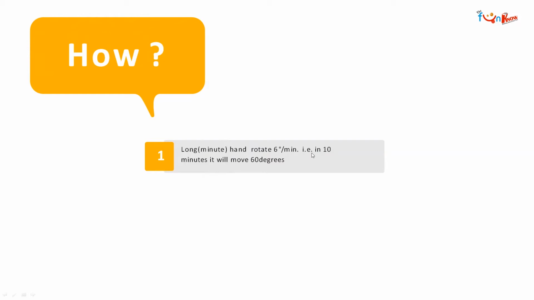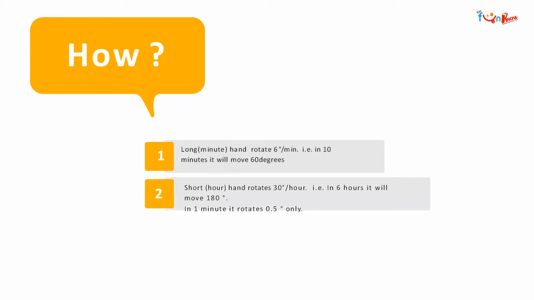So in, let's say, 10 minutes it will move 60 degrees. The second one is the short hand rotates 30 degrees every hour. So in 1 hour it will move 30 degrees. If I ask how many degrees it will move in 6 hours, it will be 30 times 6, which is 180 degrees.